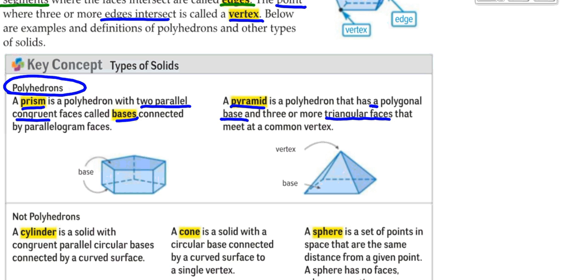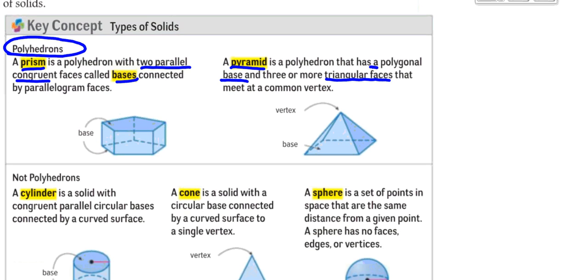If we have a pyramid, it goes to a point at the vertex, but the base could be a triangle, a square, a rectangle, or anything, and these are still polyhedrons.